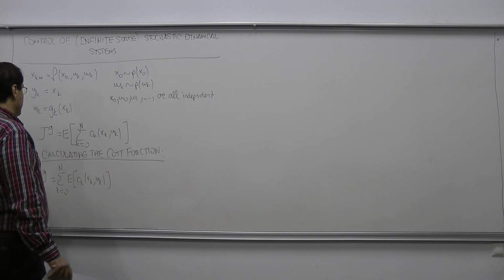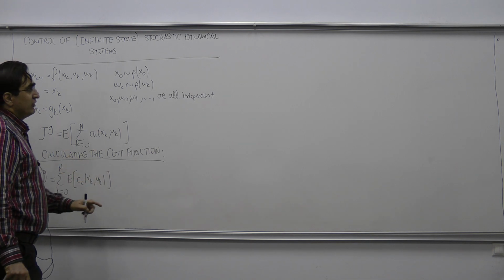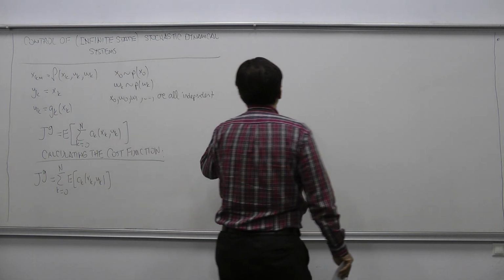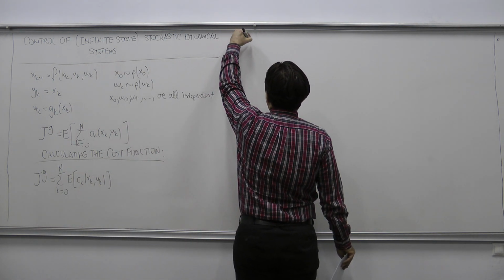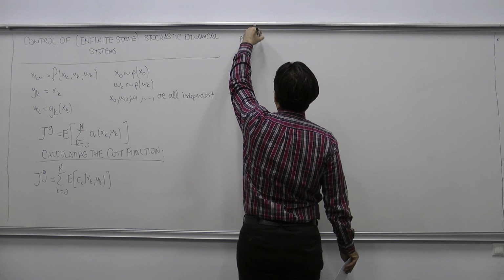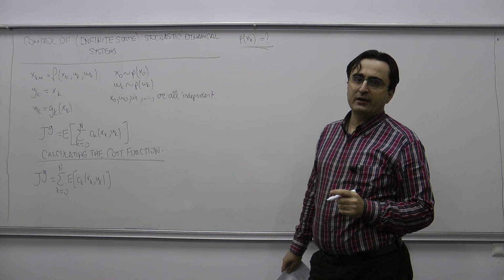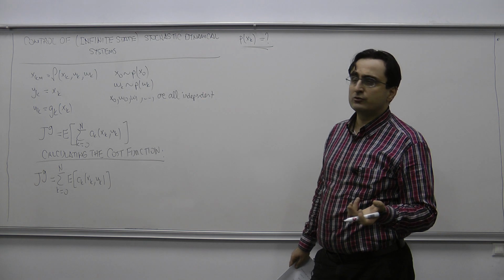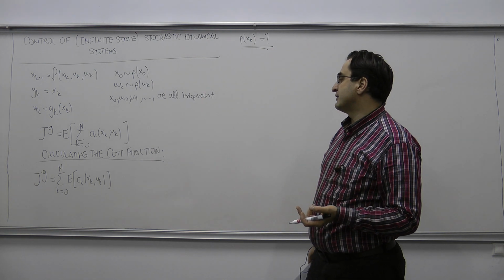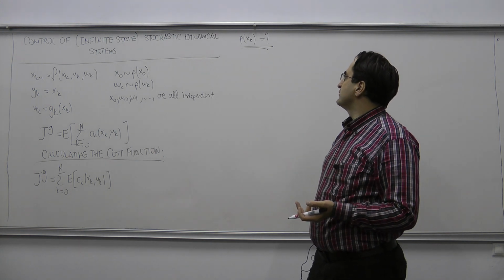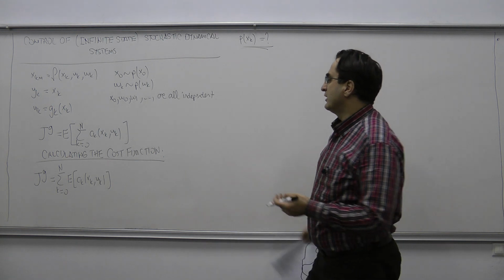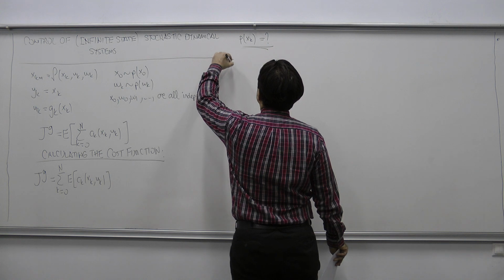And what I have to do here is to calculate such expected values. In order to be able to calculate such expected values, I need to consider what the probability distribution of x_k is. Unconditional probability distribution of the state x_k. If I know such distributions, then I can calculate these expected values.